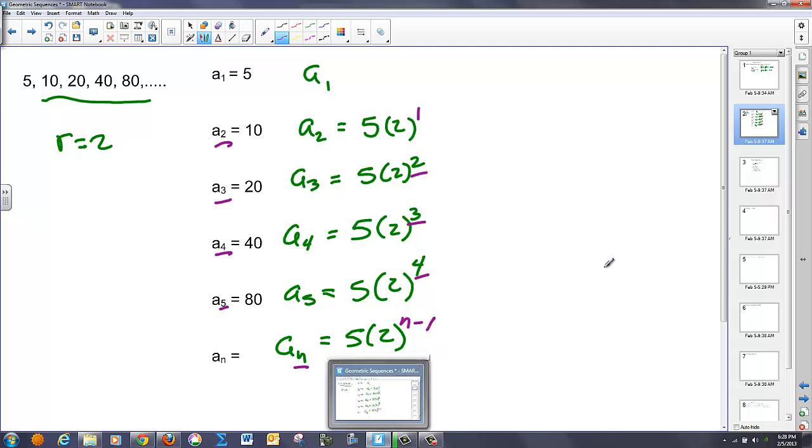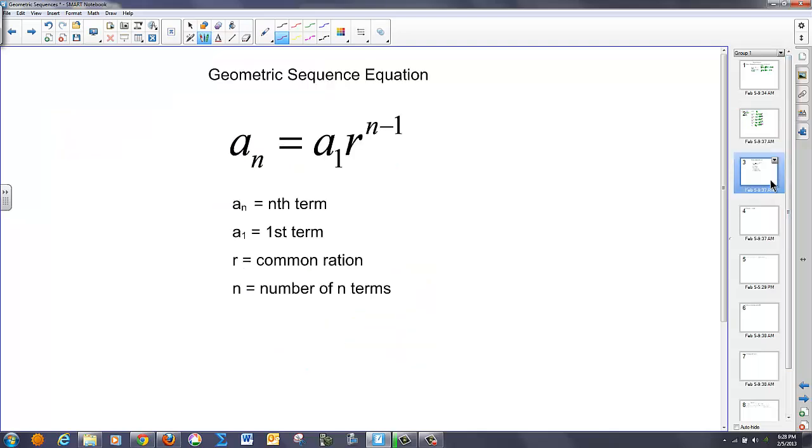So in general, for a geometric sequence, I get my nth term, and the nth term is equal to my first term, a sub 1, times the ratio raised to the n minus 1 power. N is the number of terms, or the subscript.